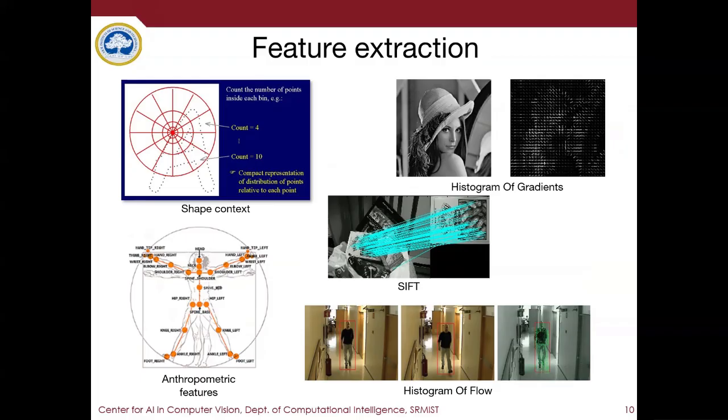We manually tell the machine that these are the features we are interested in looking for. Once we get these features, we apply machine learning techniques, like SVM or the K-nearest neighbor algorithm.